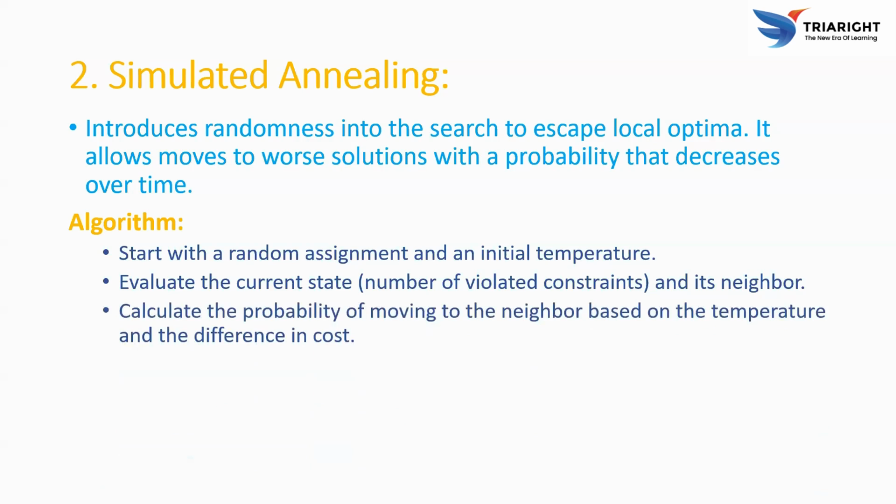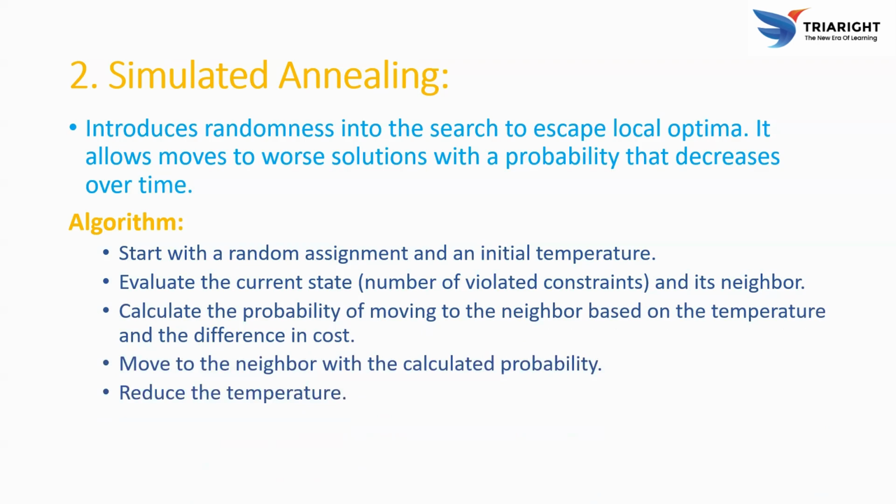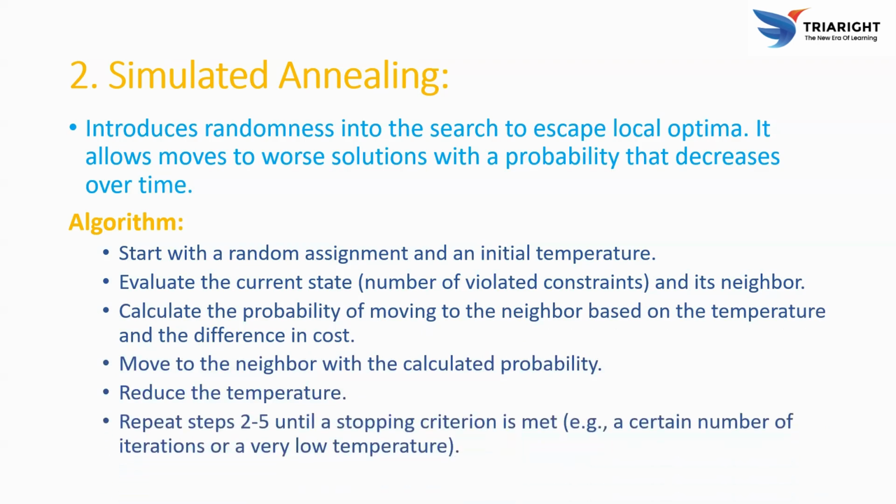Calculate the probability of moving to a neighbor based on the temperature and the difference in cost. Move to the neighbor with the calculated probability and reduce the temperature. Repeat until a stopping criterion is met, right? The criterion is a certain number of iterations or a very low temperature.